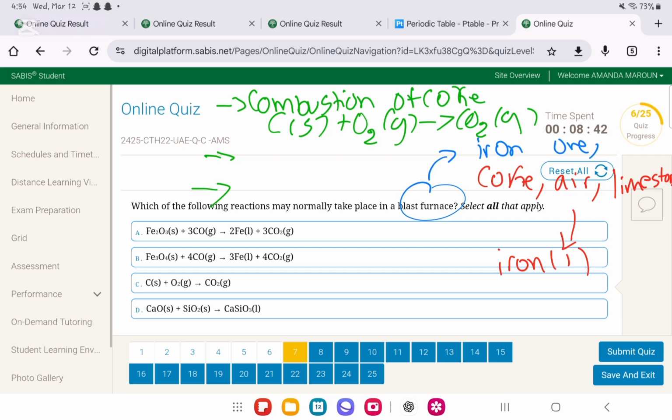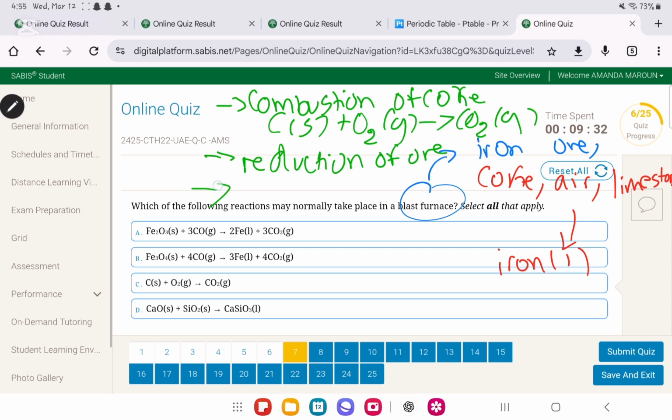The second thing that will happen is the reduction of ore. That means the iron is going to gain electrons. Or in other terms, very simply, the iron ore is going to undergo a reaction with carbon monoxide to produce for us liquid iron and carbon dioxide.